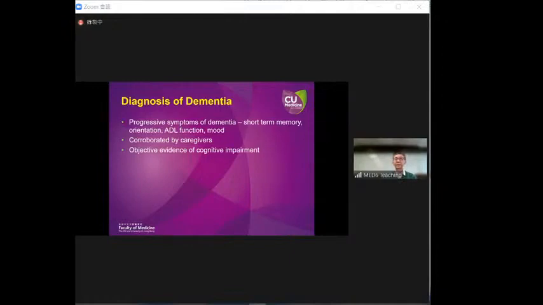So that's the reason why dementia tends to be diagnosed late, because the patients do not present. You have to wait until the family caregivers cannot tolerate the dementia, then they might bring the person to see a doctor.